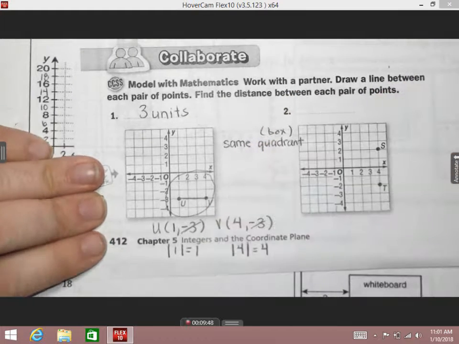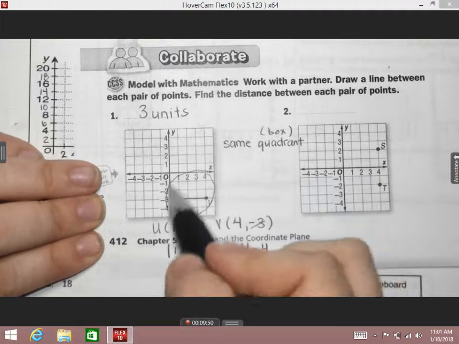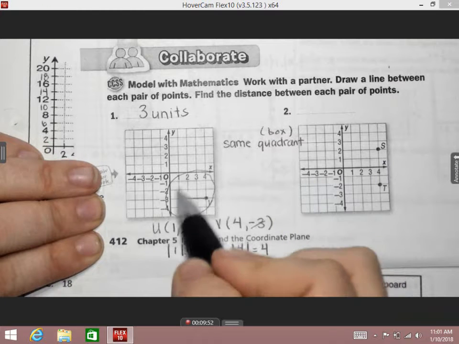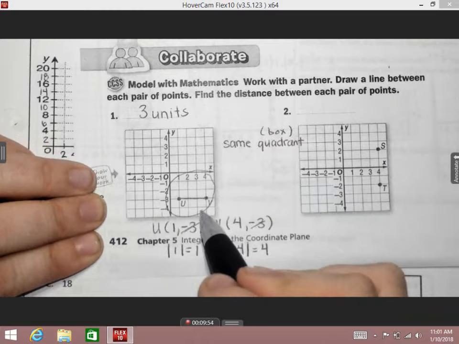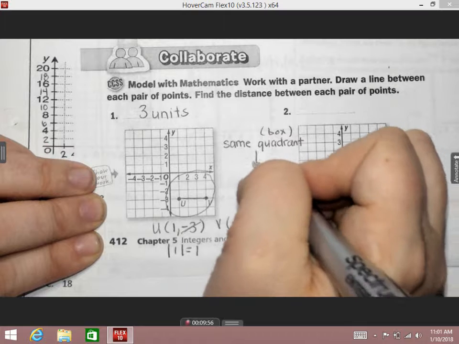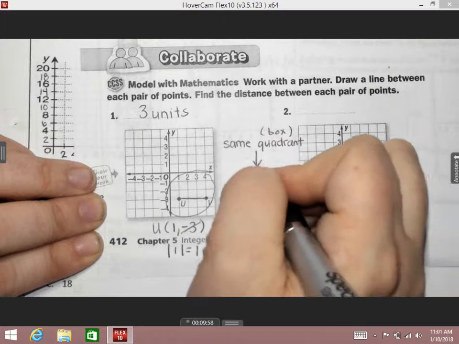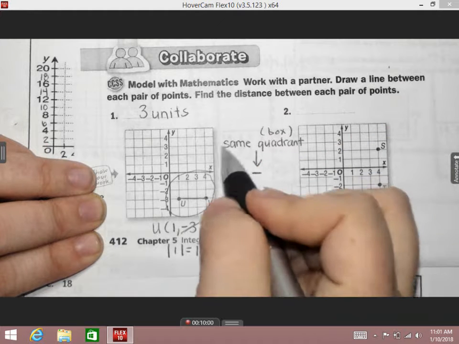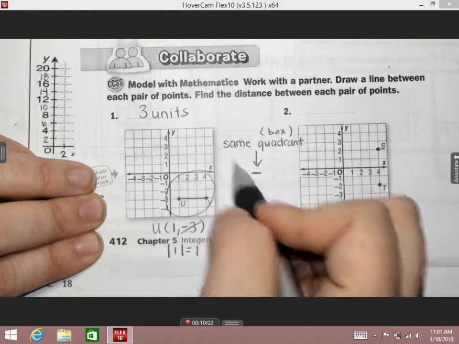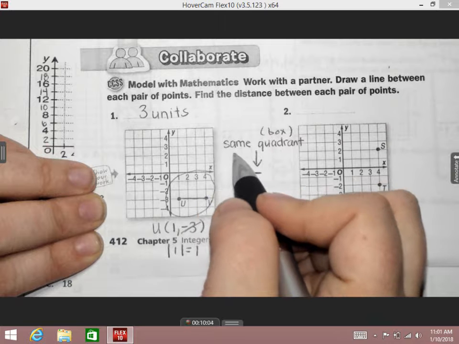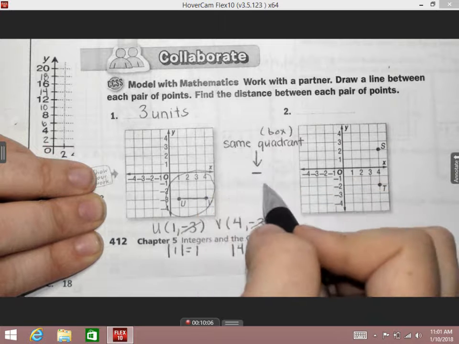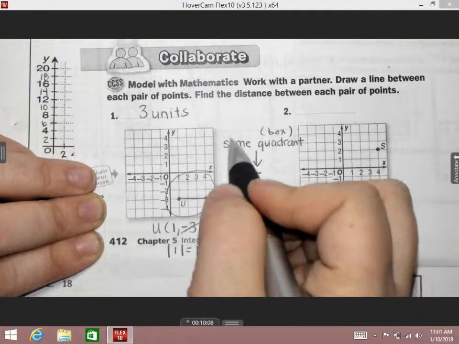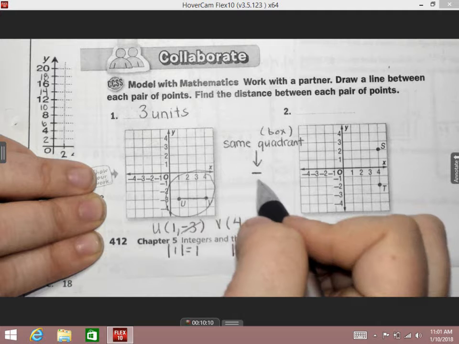Y'all agree that line is all in the same quadrant, the same box down there? Because it's in the same quadrant, we're not going to add, but we're going to subtract. One good way to remember this: same starts with the same letter as subtract. So if they're in the same quadrant, you're going to subtract.